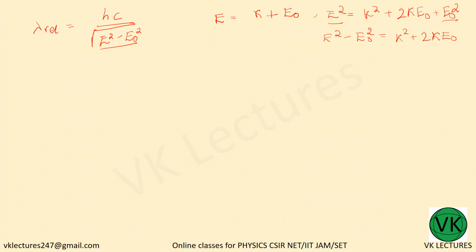Just substitute this value over here. So we get lambda relativistic is equal to hc divided by under root k square plus 2k E naught.